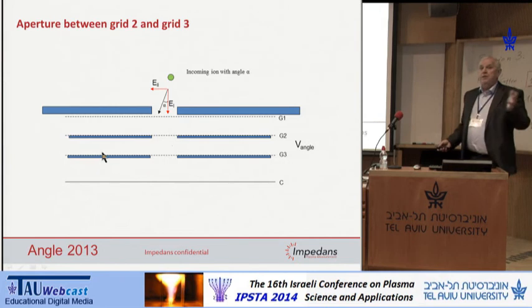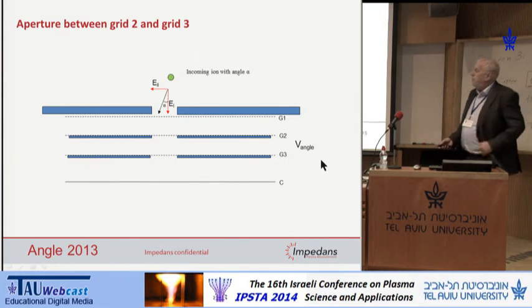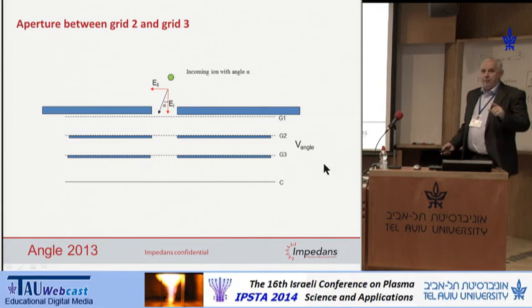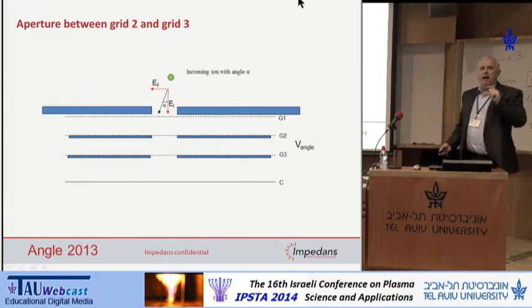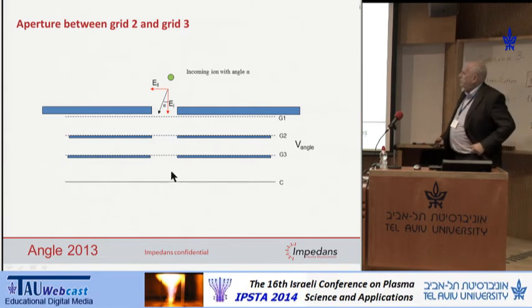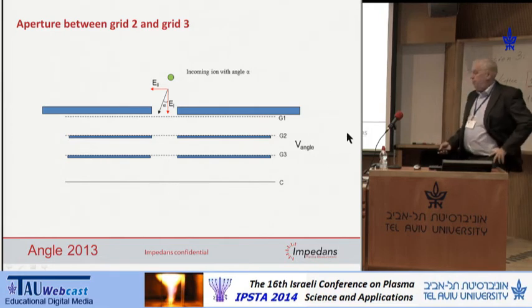And then we can consider the grids as one grid. And then if we also apply a voltage between grid 2 and grid 3, which we'll call V angle, then we can change the retarding potential, and we can change V angle as well. And now everything then is collected. The ions are collected on the collector, and we measure the current.